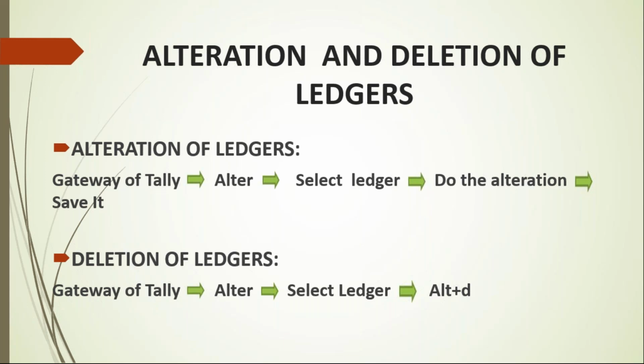In the same way, if we have to delete any ledgers, we have to go for the Alt plus D option. So given the path here, we have to select the alter option, then the ledger which we have to delete. That will be the ledger alteration window, and from there we have to select Alt plus D.